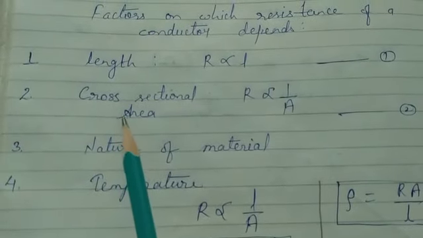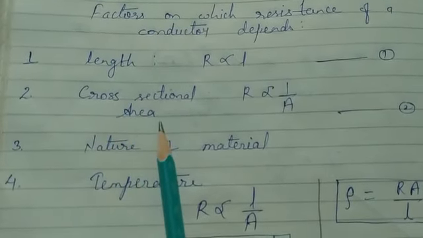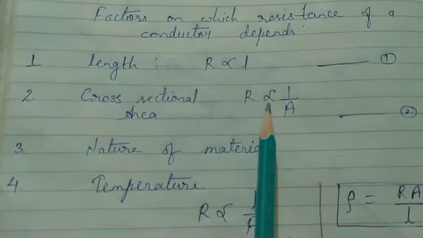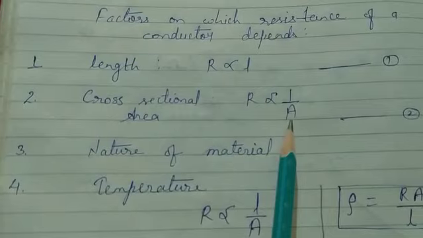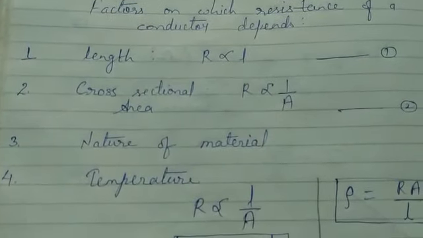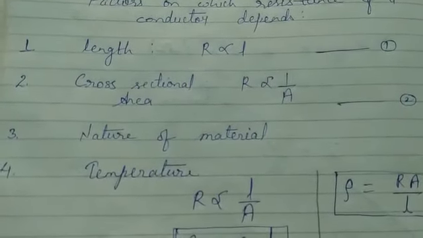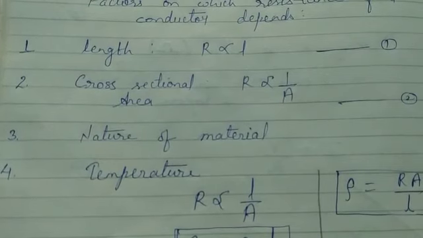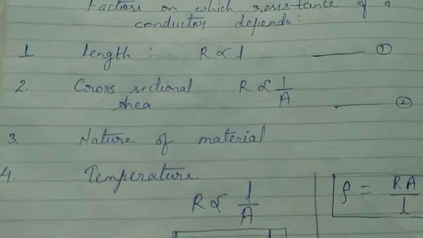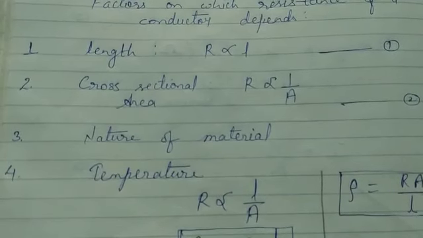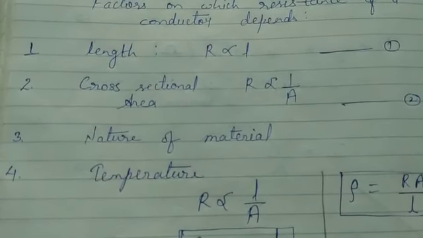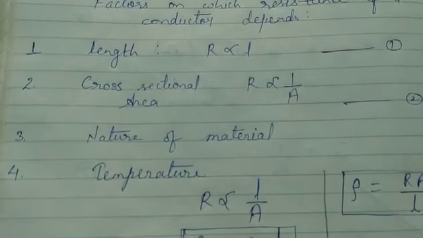Then the second factor is cross-sectional area. Resistance is inversely proportional to the cross-sectional area. Why? Because if a conductor has more cross-sectional area, that means for the flow of electrons more space is there, so electrons will flow smoothly, and that's why the resistance will decrease.